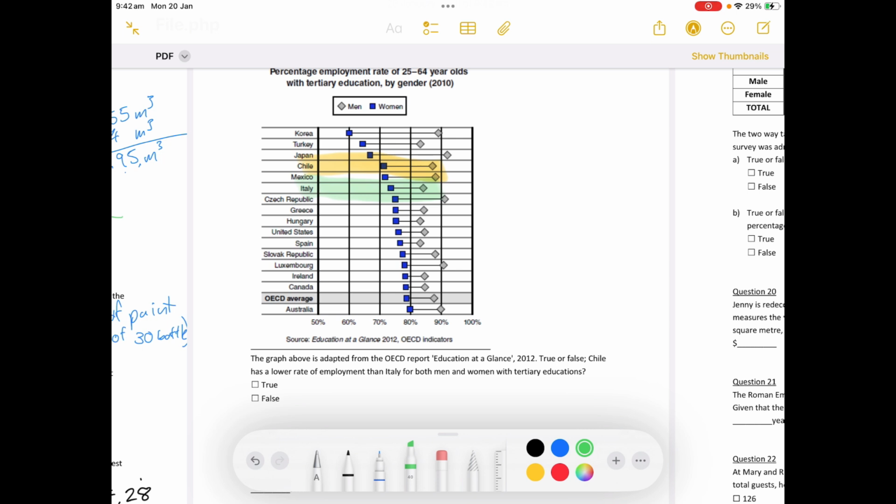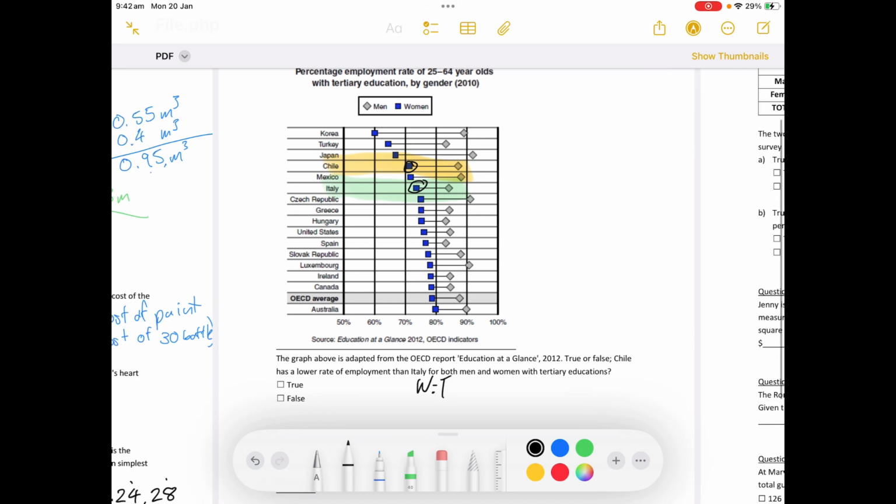So, true or false, Chile has lower rate of employment for both men and women. Alright. So Chile, for women, their rate is a bit above 70, while Italy's is a bit further above. Okay, so for women, it's true.